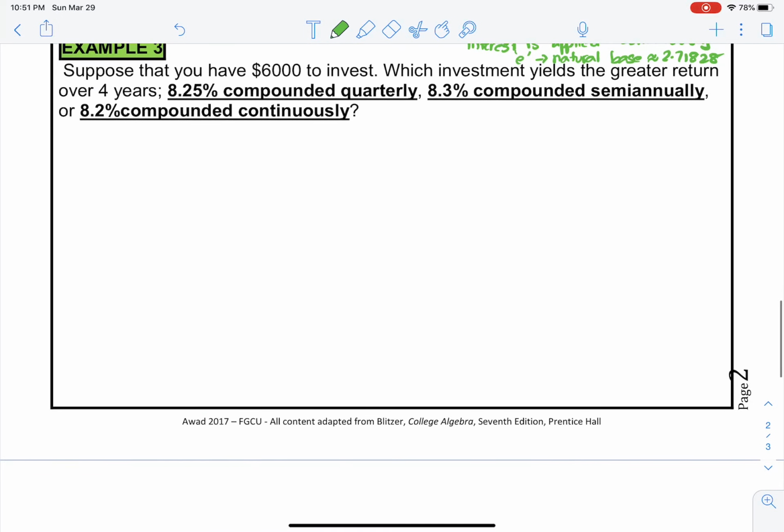So the principal amount here is 6,000, and the rate is 8.25% for the first case. It is quarterly, so we are going to apply the interest 4 times per year. And the time is 4 years.